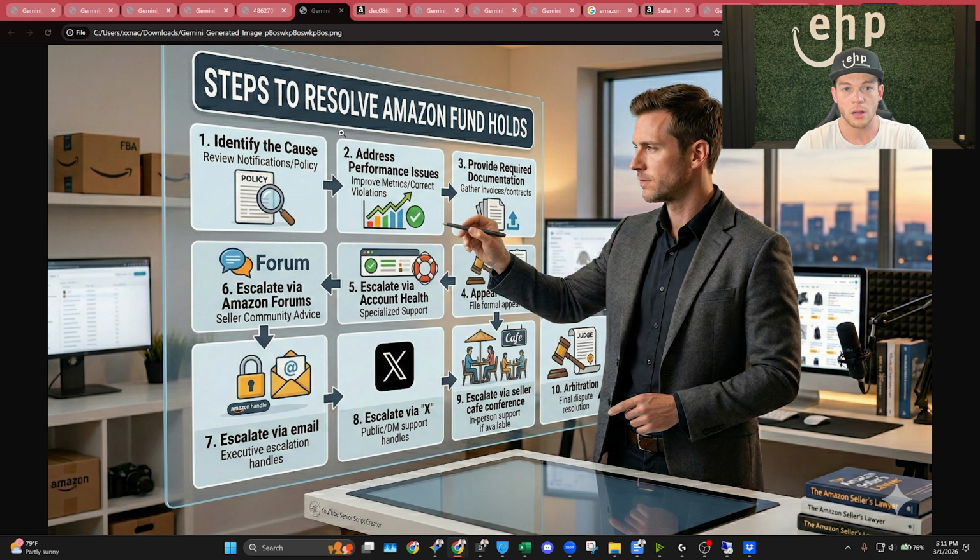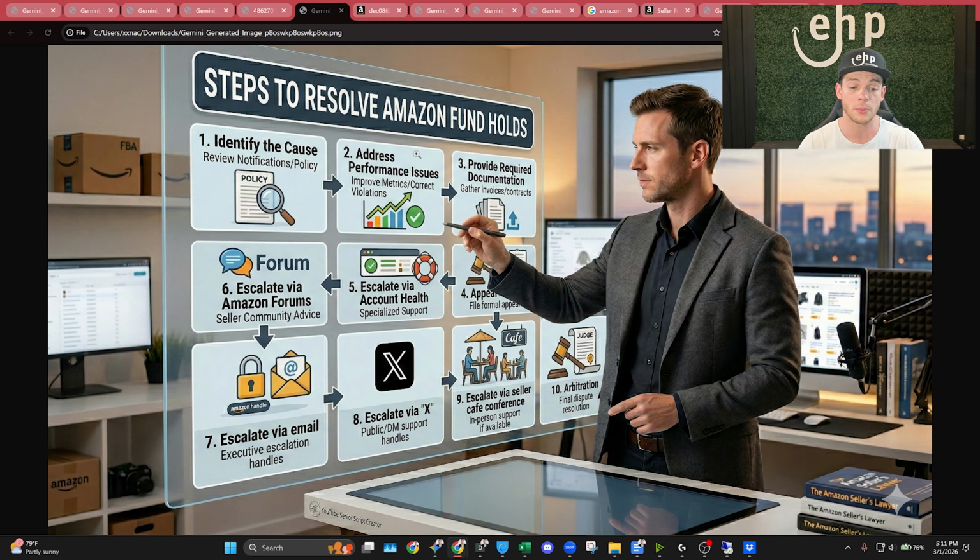This is an example of a checklist for identity verification. Of course, number one is identifying the cause. They haven't approved my identity. They don't think I am who I say I am. Number two, what led up to this? Was there something that triggered this? Try to figure out what triggered it. Number three is to gather that documentation. Again, if I were Amazon, what would I request from you to determine if you are who you say you are?